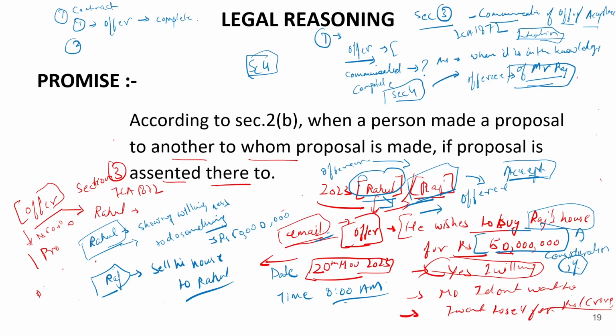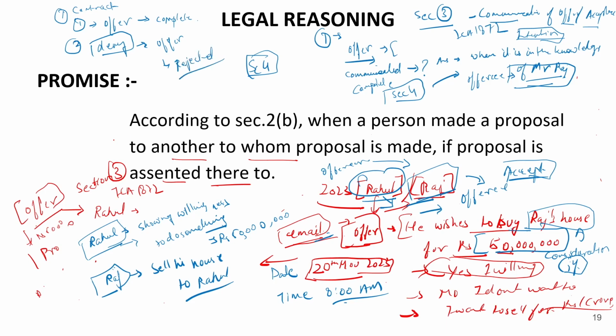But had it been the scenario that Raj is not at all willing to sell his house, he will deny it. And the moment it has been denied, the offer stands rejected.